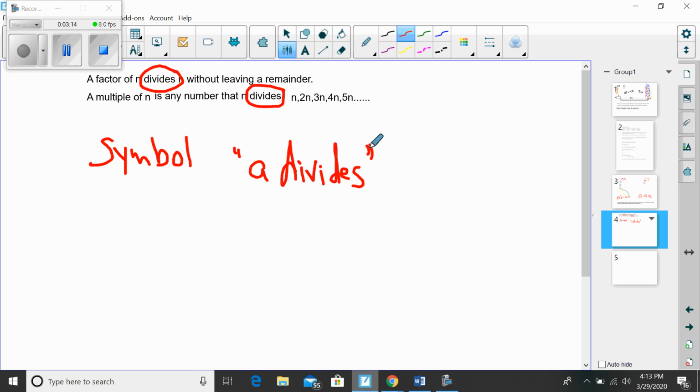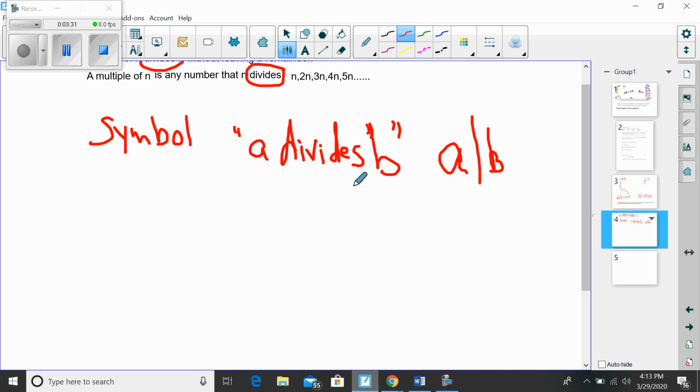So, A divides B, and then put my quotation marks. The meaning of that is A divides B, and in symbols it looks like this: A with a slash and then a B.